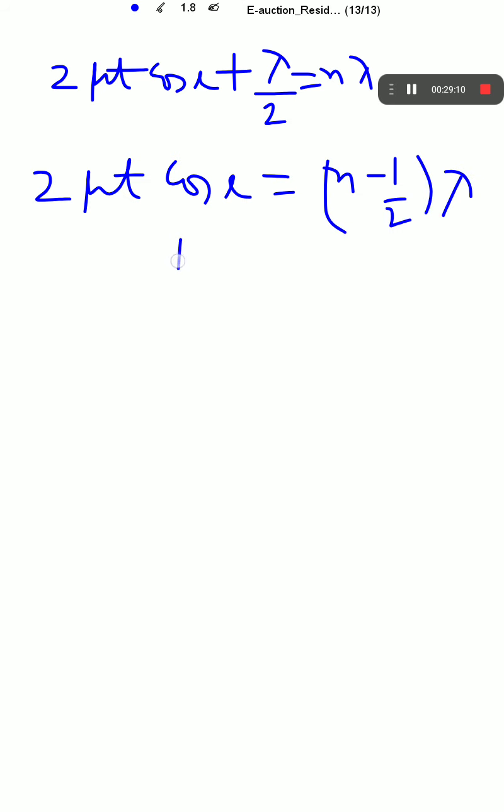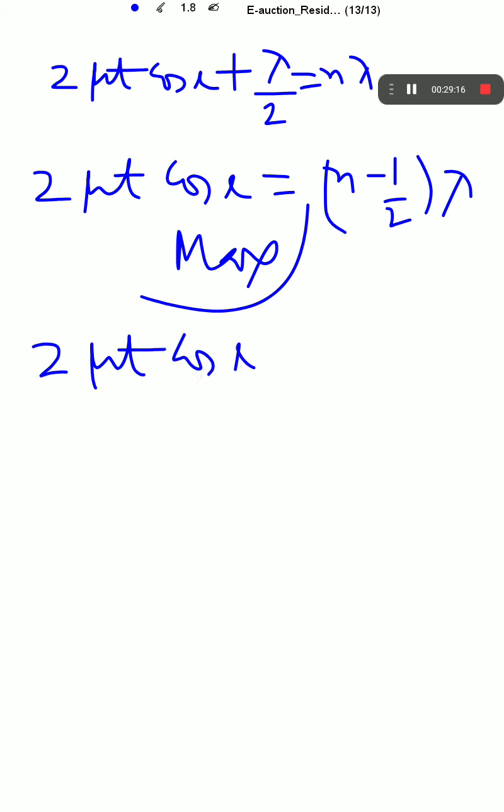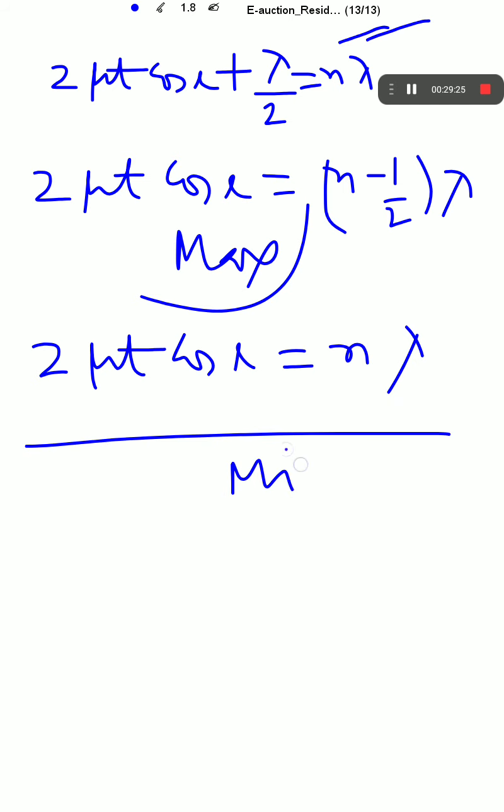This is for the maxima. And 2 mu T cos R, on the right hand side, if you write 2n plus 1 lambda, it will become n lambda. So this is the condition for minima. You can see that on the right hand side we have the condition n lambda for the minima and n minus half lambda for the maxima.